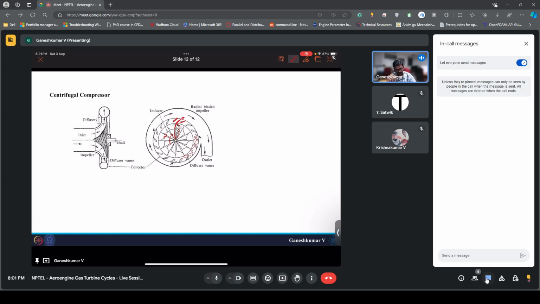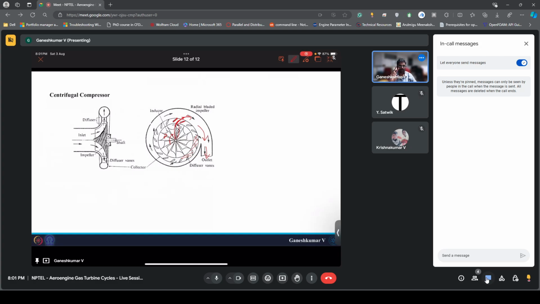That is not the only reason we have the vanes. It also guides the flow in a proper way, because this is a radially outward flow. It has to guide it and send it out through the outlet. That's why we have these diffuser vanes.